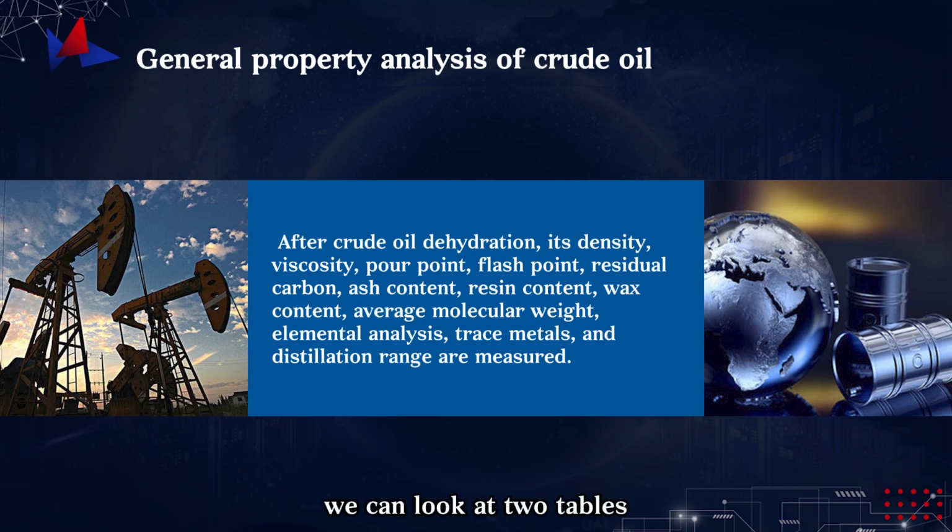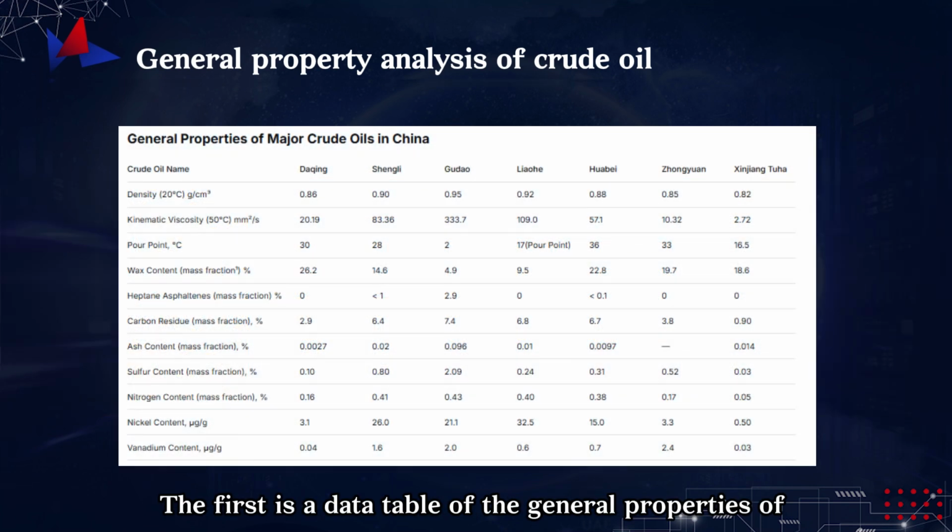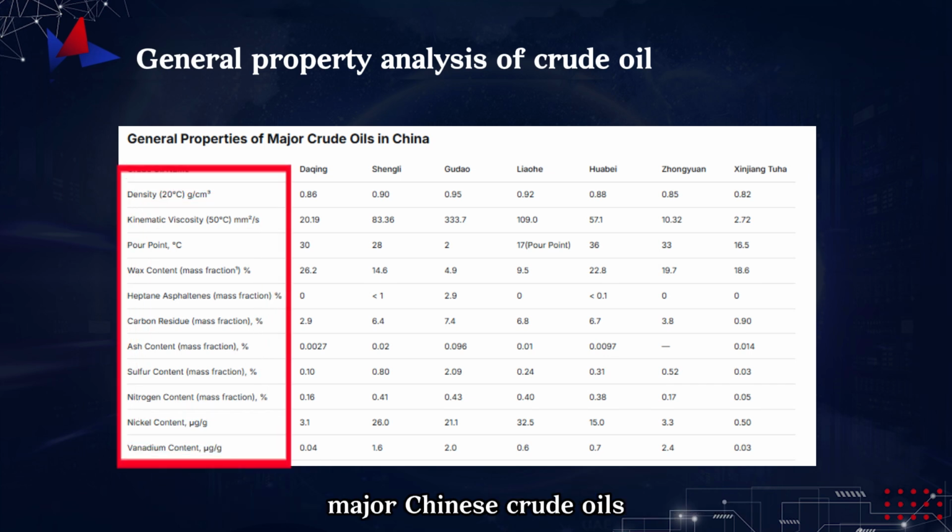In this part, we can look at two tables. The first is a data table of the general properties of major Chinese crude oils. The parameters include density, kinematic viscosity, pour point, sodium content, light wax, asphaltene content, carbon residue, ash content, sulfur content, and other indicators.